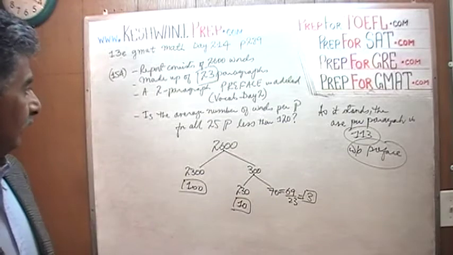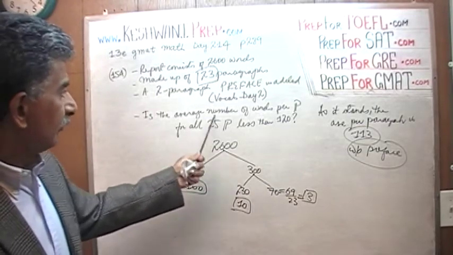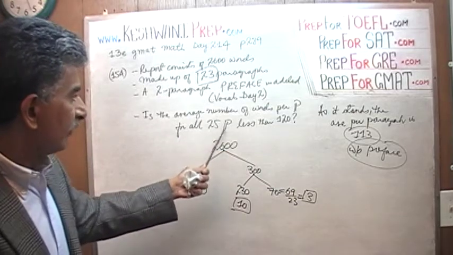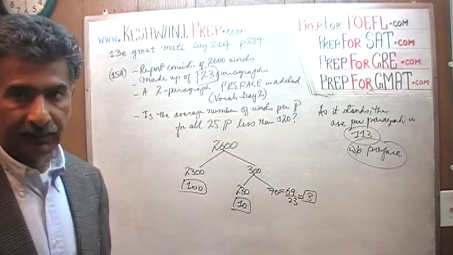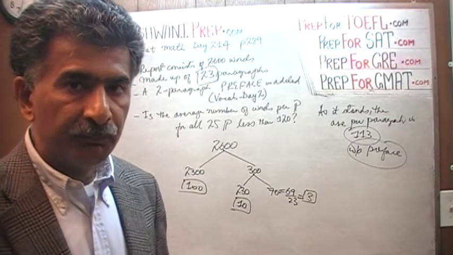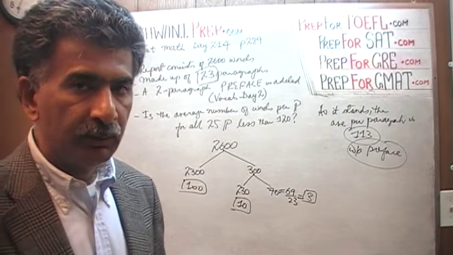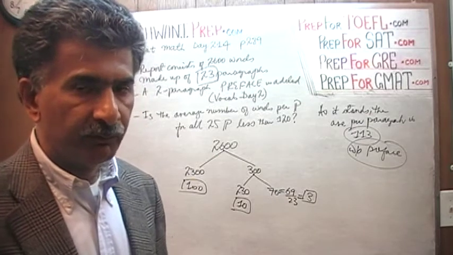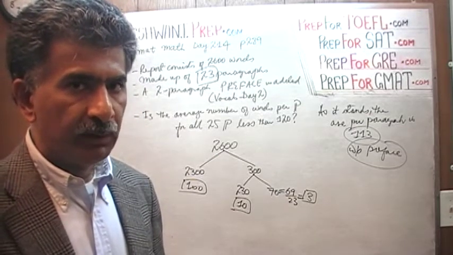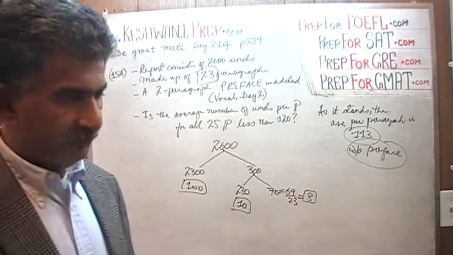Now the question is the overall average, the average number of words per paragraph for all 25 paragraphs: is it less than 120? Let's find out what length of preface it would have to be. What would the length of the 2 paragraphs in the preface have to be in order for the overall average to be exactly 120? Let's find that out, shall we?